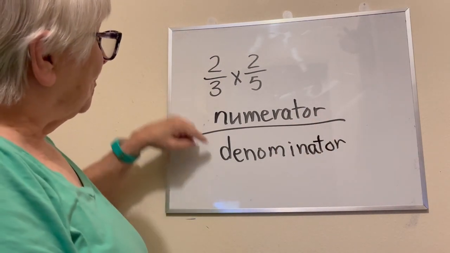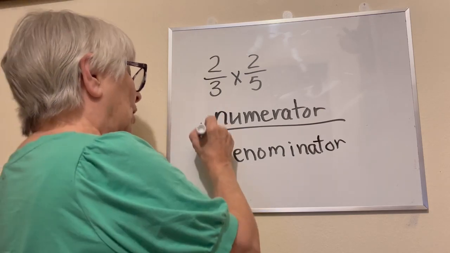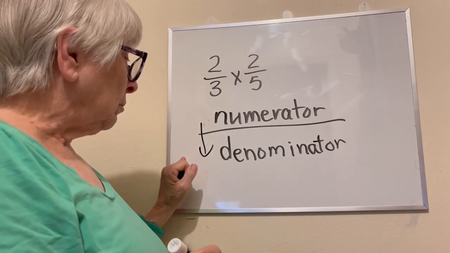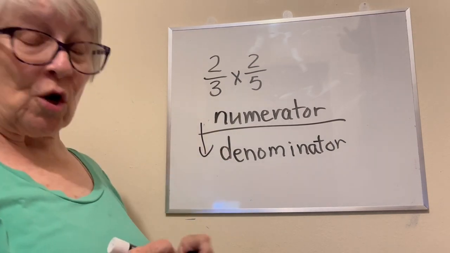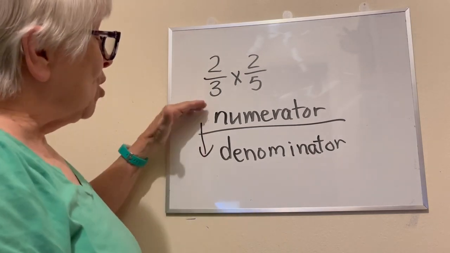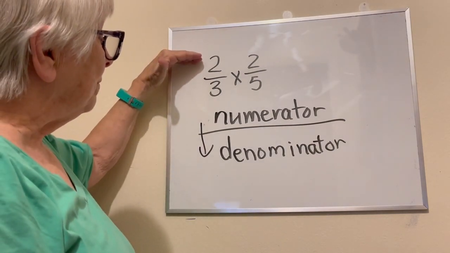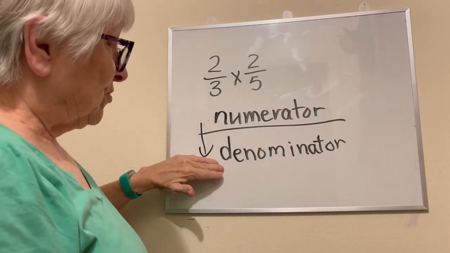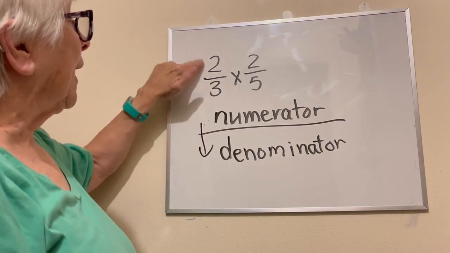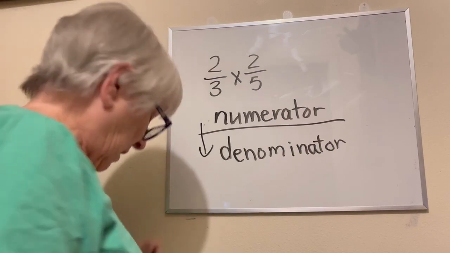But you can remember that the denominator is the one that goes down on the bottom. Down, denominator. They both start with D. So that's your little memory check for that. So numerator is on the top. Denominator is on the bottom. So there are 3 pieces in this pie, and I only have 2 left.